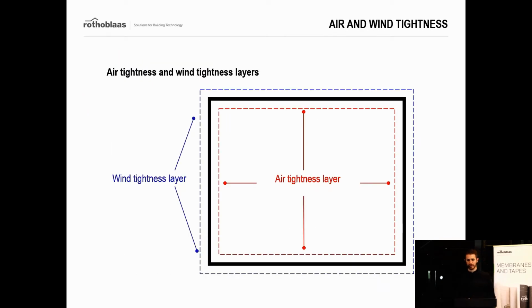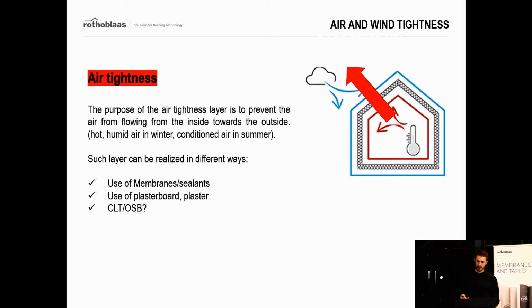So it's very important to have 2 main layers. The first one is the air tightness layer, which is on the inside of our structure, and the second one is the wind tightness layer, which is important for the reasons previously discussed as well, and that's on the outside of the structure. So the air tightness layers, how can you have that air tightness?